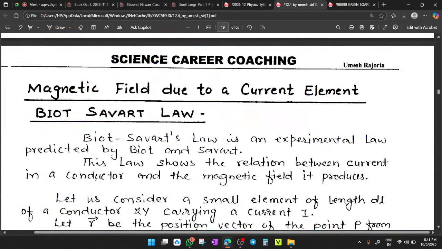Okay. So dear students, first we are going to develop all the relations, all the formulas for the magnetic field. As we know till now, there is a production of magnetic field due to a current carrying coil. If you flow a current in any current carrying wire, it may be a coil, it may be a rectangular loop, whatsoever it is, there is a production of some magnetic field in the surrounding area.